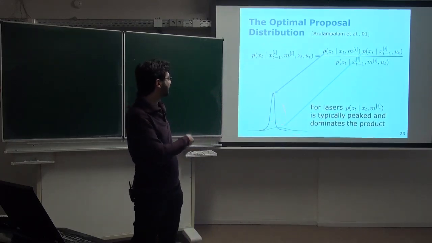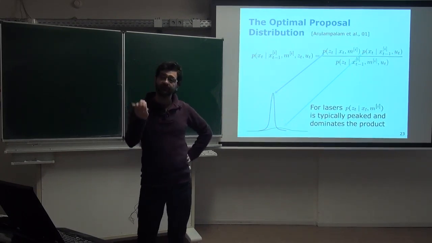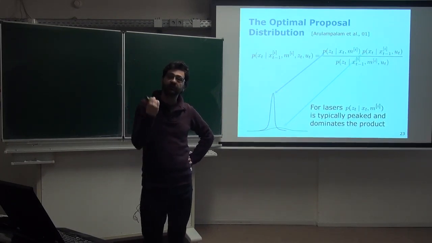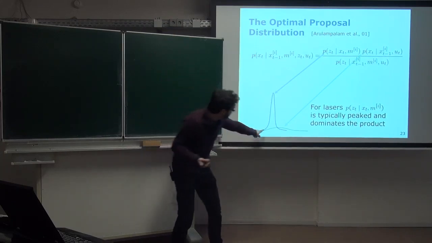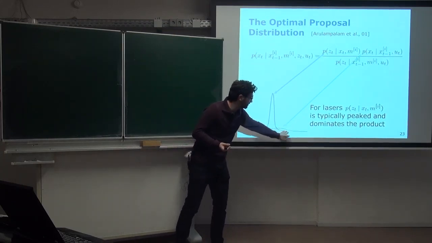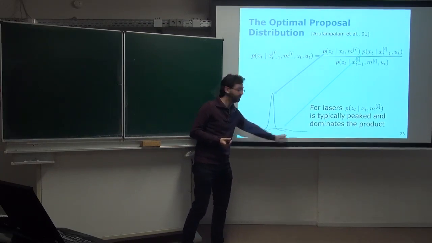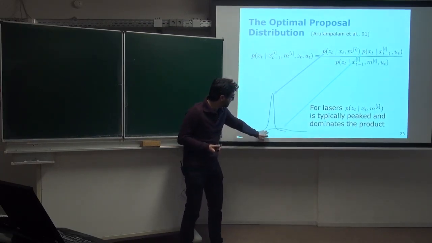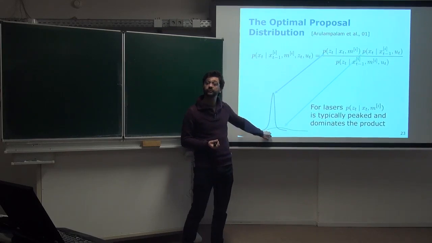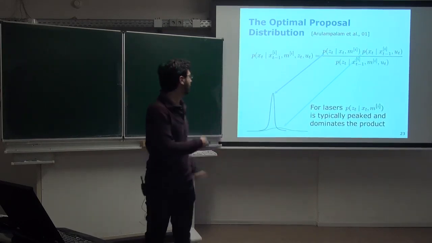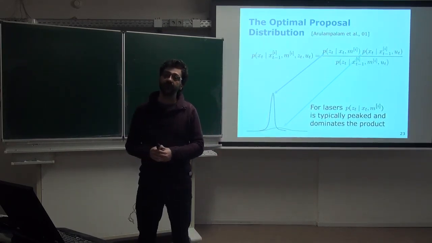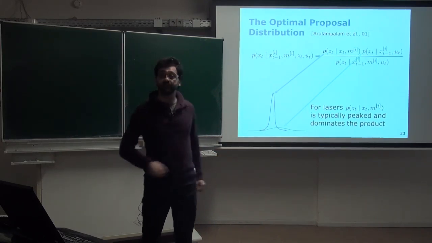This gives you an idea why it's important to consider the observation that comes from a laser when you use the proposal, because sampling from here will have a lot of samples on this area that actually will be thrown away, and few samples on this area which will actually be the ones which are good. This is just the case, but it often happens in practice. That's why it's good to combine them together.